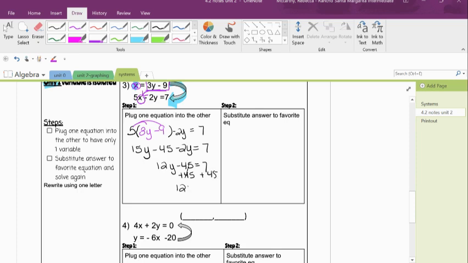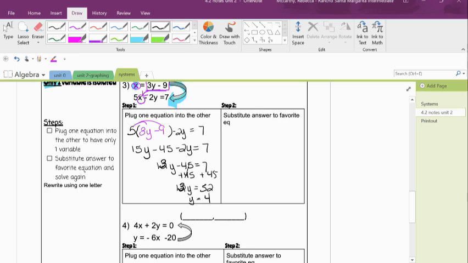And I get 12y is equal to 52. Oh, that doesn't go evenly. Did I do something wrong? Here it is. This is 13. And now 52 divided by 13 gives me 4. So y equals 4. Make sure my signs are right.